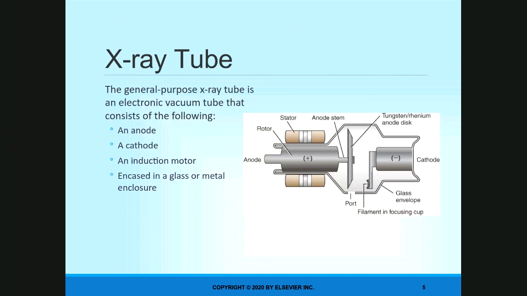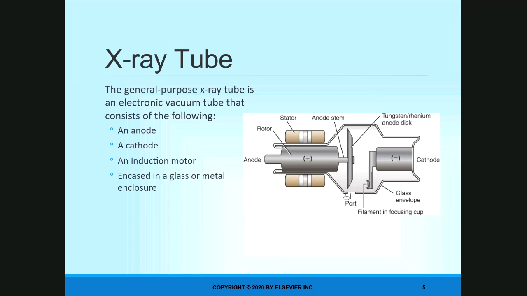When we look at the actual x-ray tube, it is a general purpose tube, meaning that typically this can accommodate most all the exams that we are required to perform. Typically a general x-ray tube is a vacuum, meaning there is no air inside of this. So this is a complete vacuum.